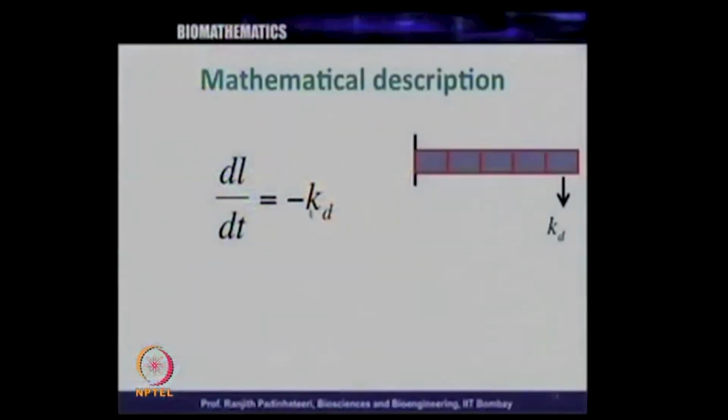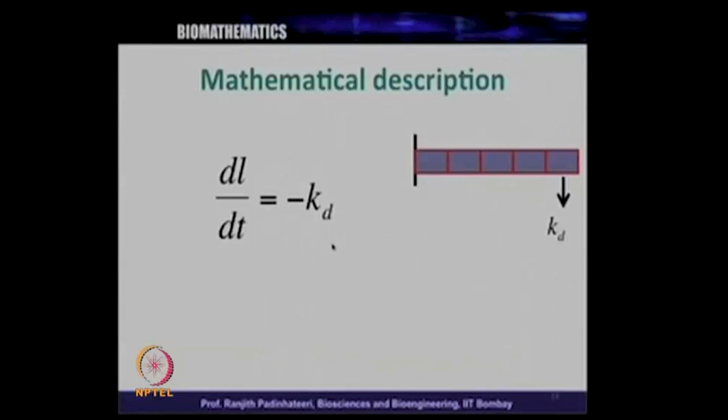When it is decreasing, it is a minus sign. Look at the slide, it is a minus sign here. So dl by dt is minus Kd, where Kd is the rate of depolymerization. This is the crucial difference, this minus sign. Then the meaning changes completely.